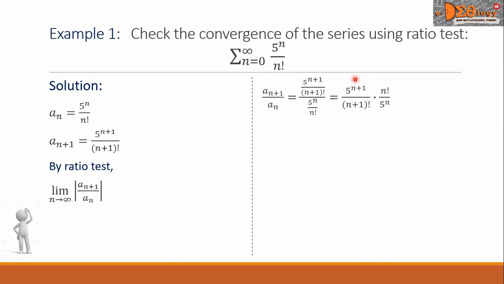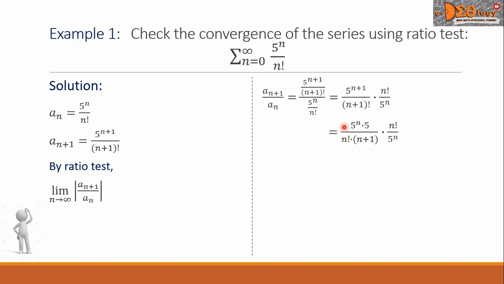Simplifying further, look at the first fraction, specifically the numerator. This 5 raised to n plus 1 can be rewritten as 5 raised to n times 5. In the denominator, the quantity n plus 1 factorial is equal to n factorial times n plus 1, multiplied by the second fraction, which we will just copy down here.